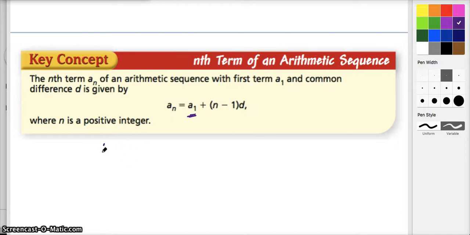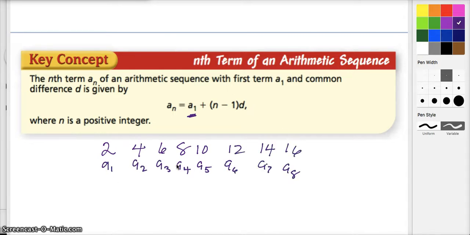I'm going to come up with a generic one: 2, 4, 6, 8, 10, 12, 14, 16, right? So here are the terms of a sequence, and I've listed them in order. Let's pretend I don't know what A sub 6 is, right? All I need to know is the first term, 2, and I need to know what the common difference is.